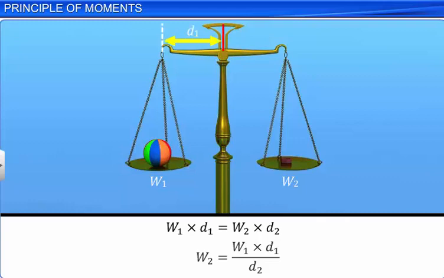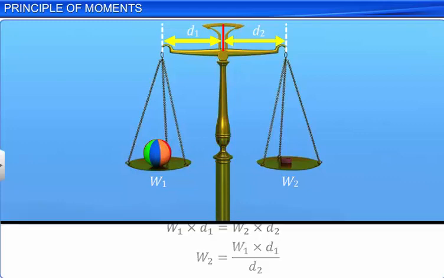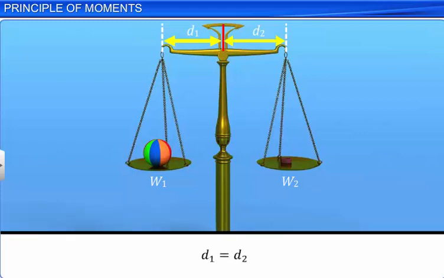Here, D1 and D2 are the distances of the left and right pans, respectively, from the center of the beam. However, as D1 is equal to D2, we have W1 equal to W2. That is, the weight of the object in the left pan is equal to the weight of the weighing stone.